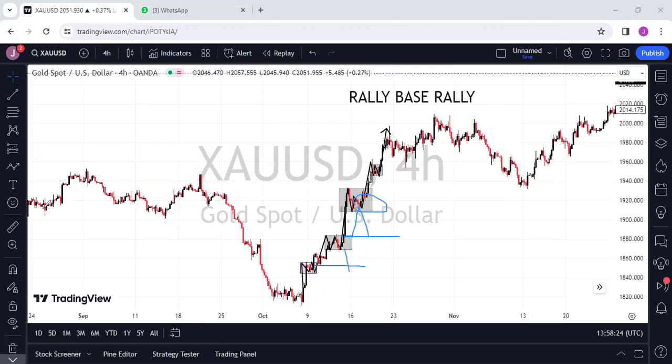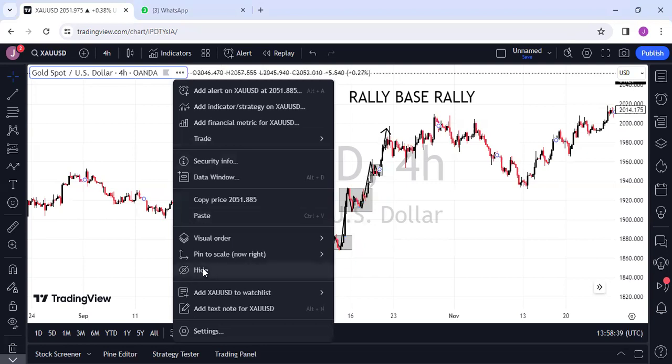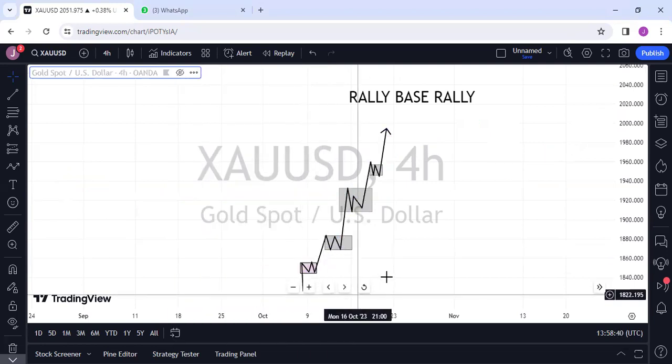But before we get into that, maybe some of the traders understand better in a line chart. We can do that. Let's just have a line chart in this case. So this is it now. I think this is better for some of us.